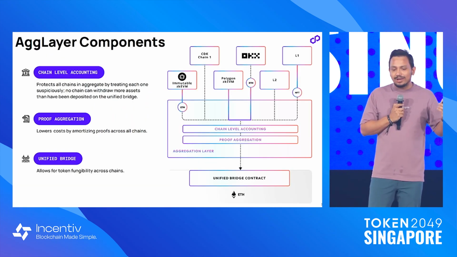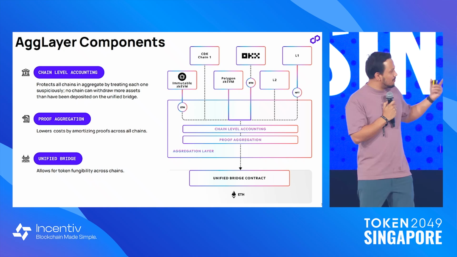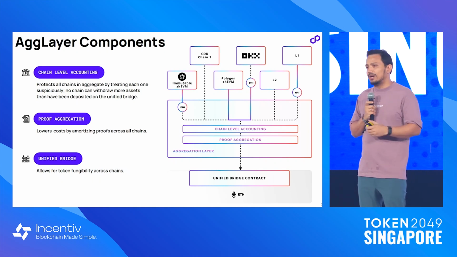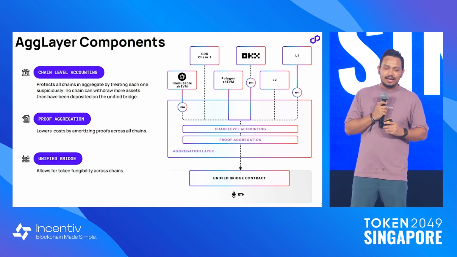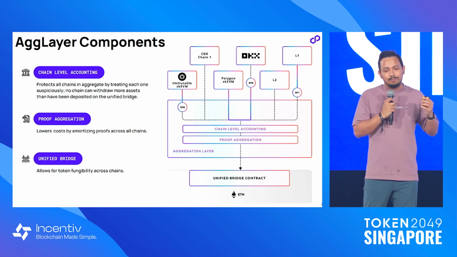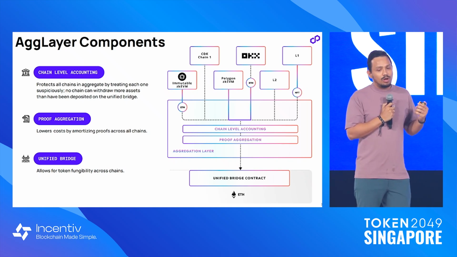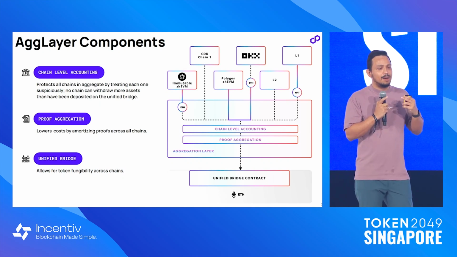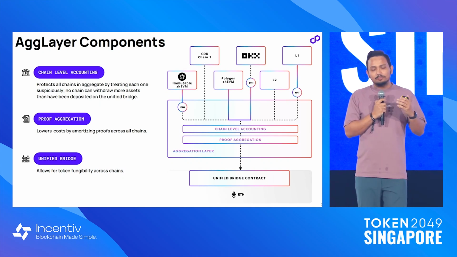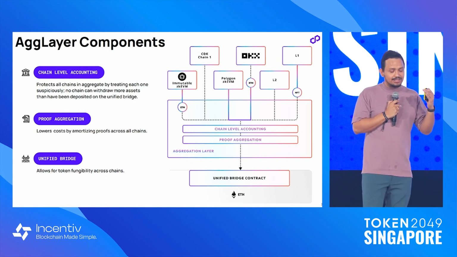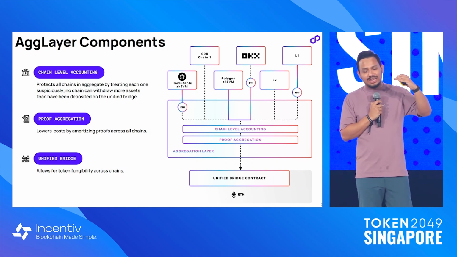Some of the components on Ag layer, a little bit deeper detail into it. I'll not go into too many technical details, but on a higher level, we know that all of these chains are ledgers, right? And what Ag layer is, is basically a big global ledger, where all of these chains have some level of chain level accounting.